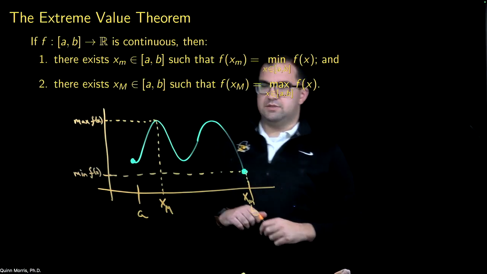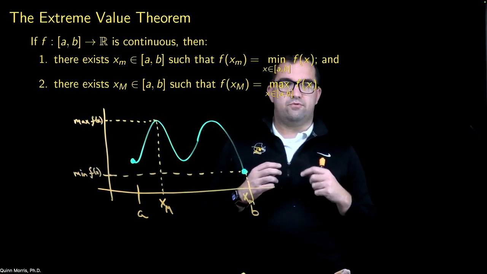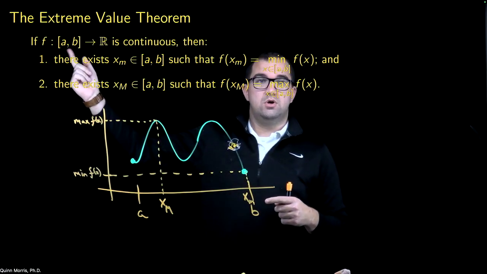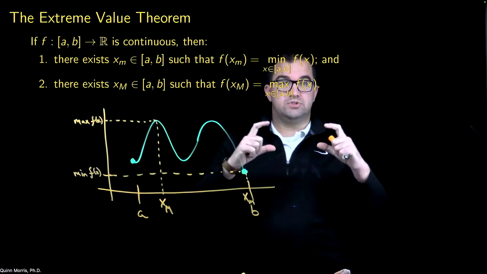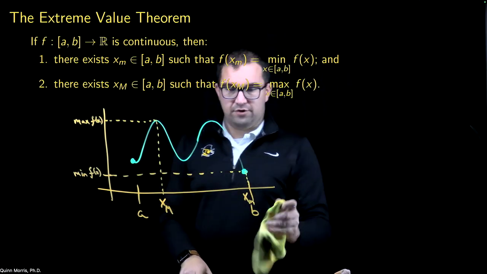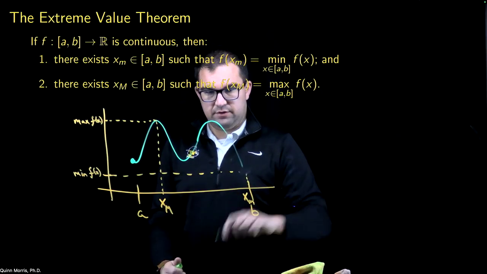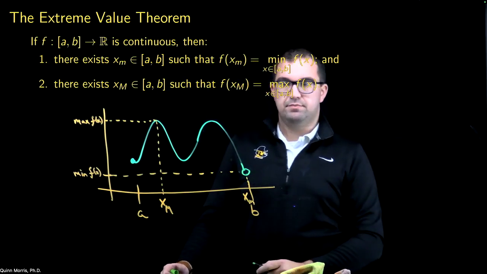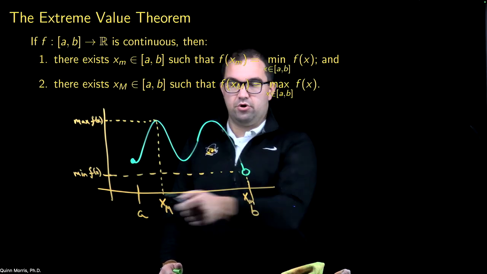Now, given this picture, it's fairly straightforward to start constructing examples to see how things would go wrong if you started playing with this condition that the domain be a closed interval AB into R. So if, for example, I did not require the interval be closed, then you can imagine just taking this function, keeping it exactly the same, except it's no longer defined at B. Now this value x sub little m is no longer in my domain.